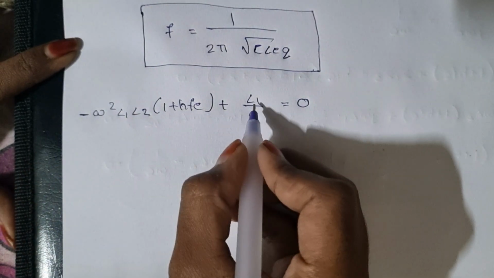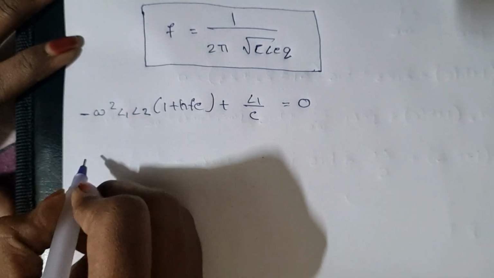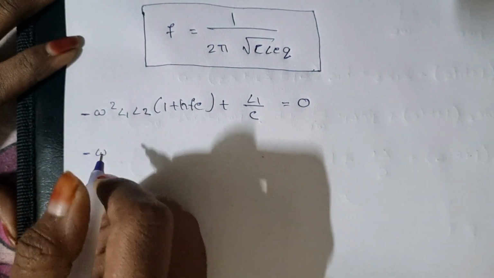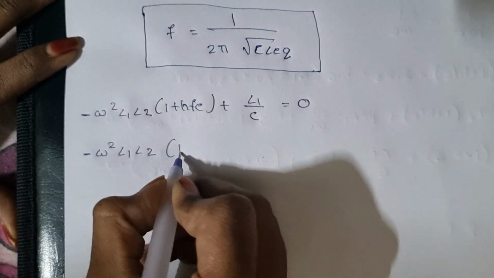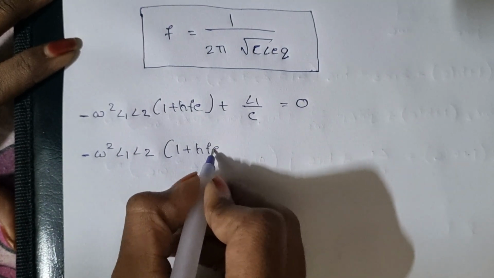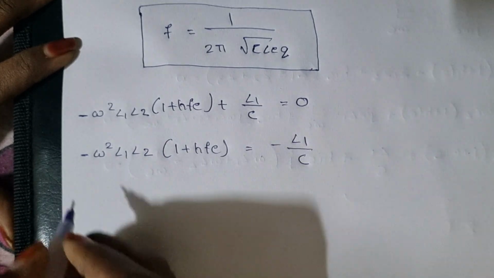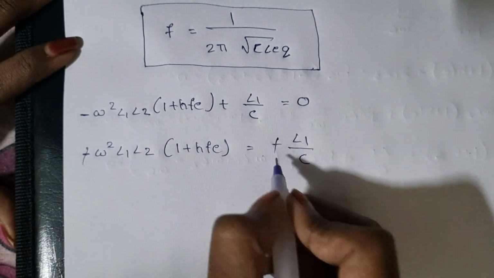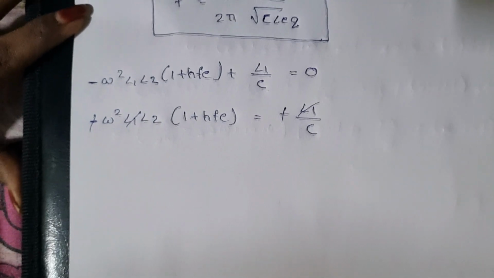So now we send this L1 by C to the right hand side. So minus omega square L1 L2 of (1 plus HFE) equals minus L1 by C. So here the minus cancels, and L1 gets cancelled.